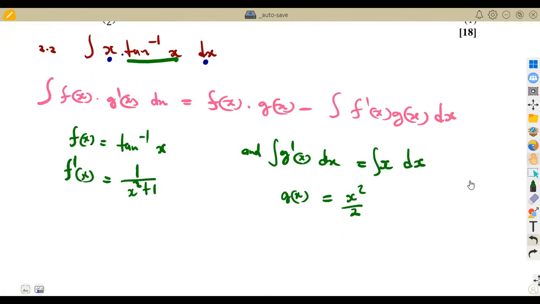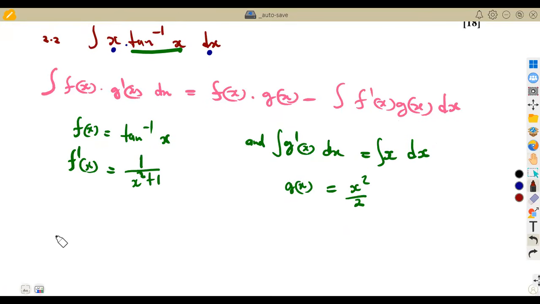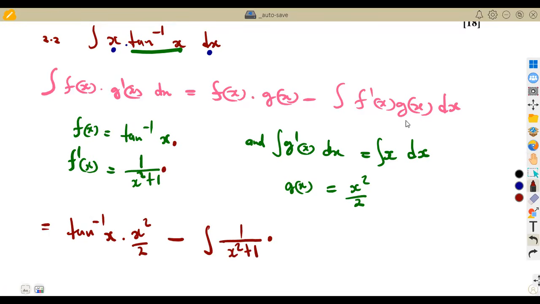The whole integral of this part is going to be equal to f of x, which we said is arctan x, times g(x), which is x squared over 2, minus the integral of f prime, the first derivative of f that we got here, which is 1 over x squared plus 1, times g(x).